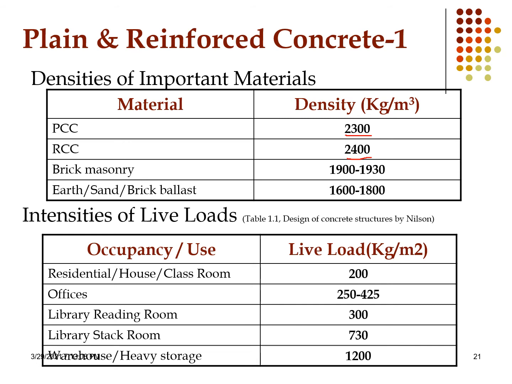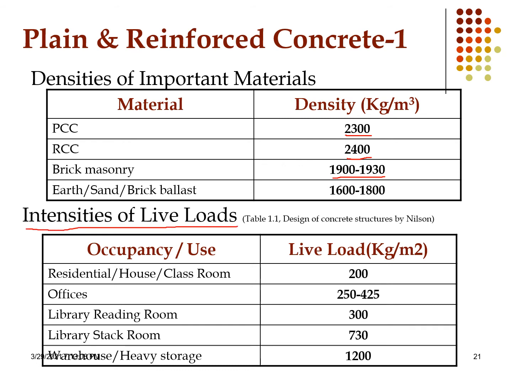If we are using brick masonry, we need to use 1900 to 1930, any value in between. And if we are using earth, sand or brick pellets, density for those is between 1600 to 1800 kg per meter cube.